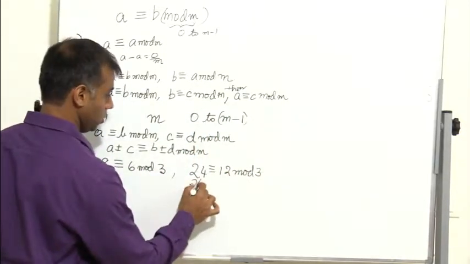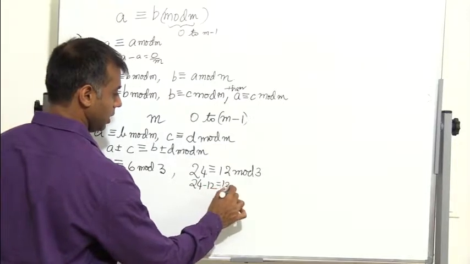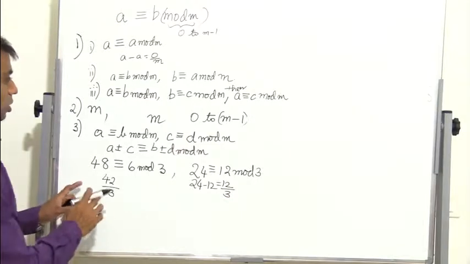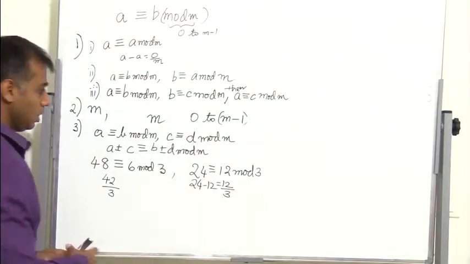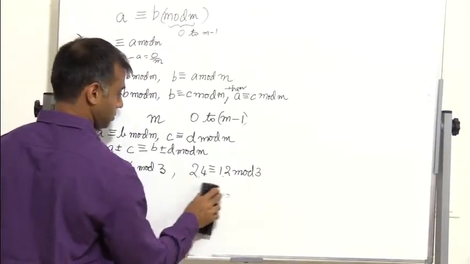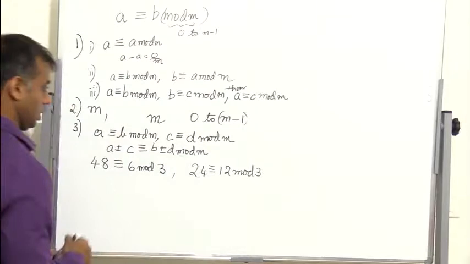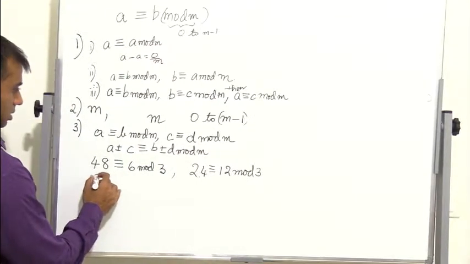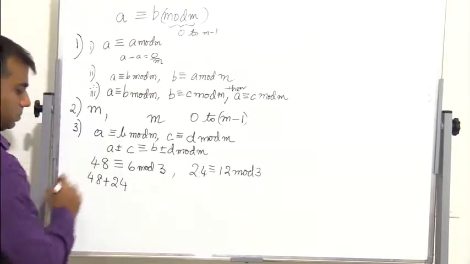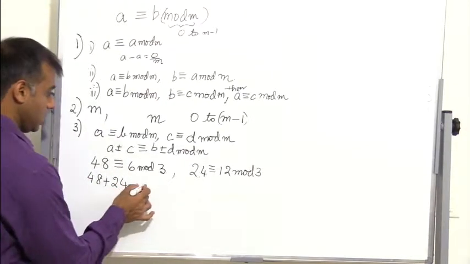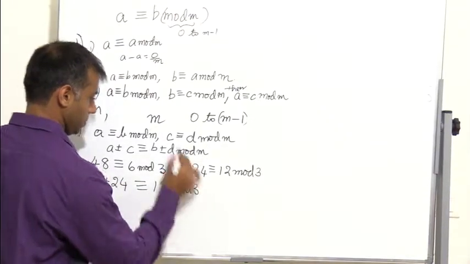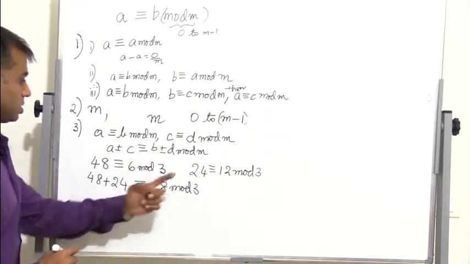So I have 24 minus 12, which is divisible by 3. So these two congruence relations are valid. Now in this case, if I add A plus C, so A plus C is 48 plus 24, which should definitely be congruent to 18 mod 3. Right? So 6 plus 12 is 18.